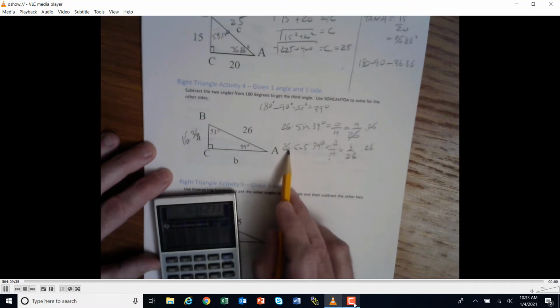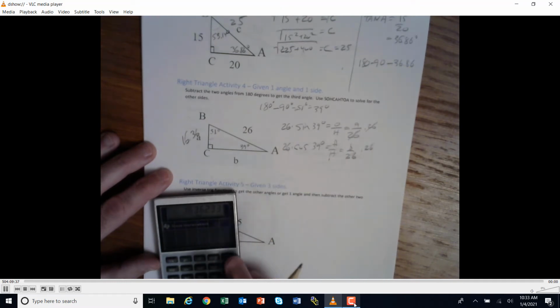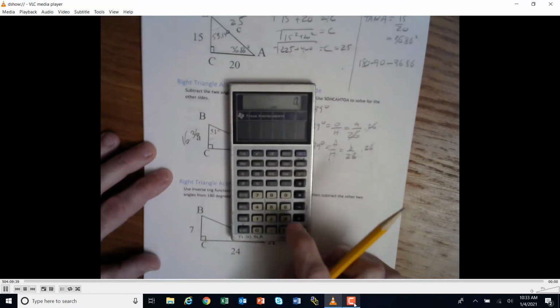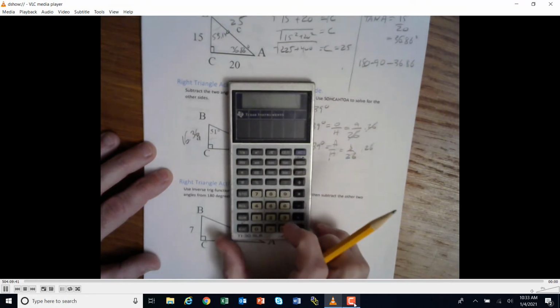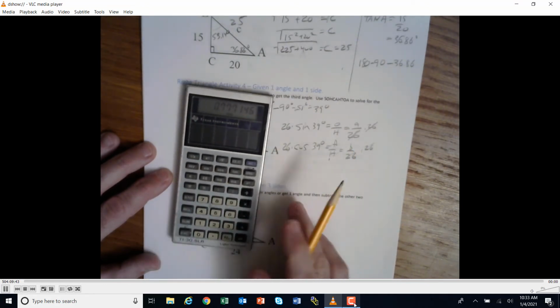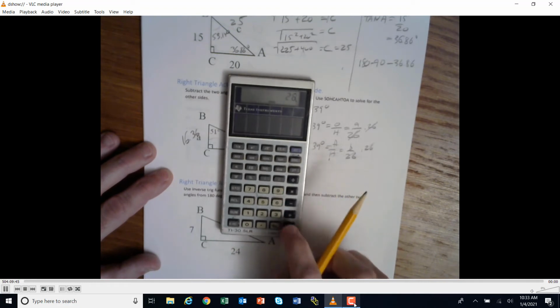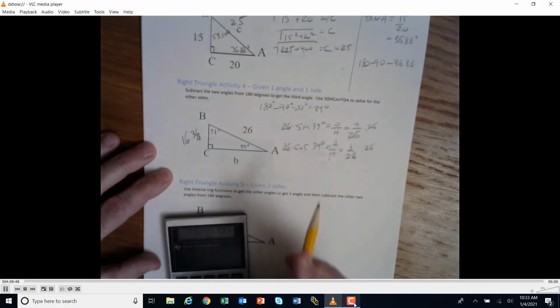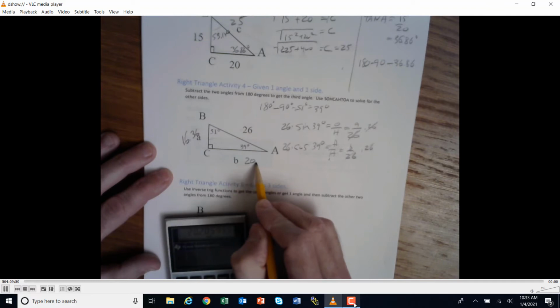So we got 26 times the cosine of 39 is going to be equal to b. So 39 cosine times 26, 20.21, so that's my side right there. And you can do Pythagoras and it would verify it.